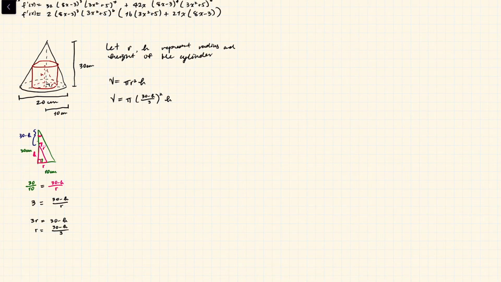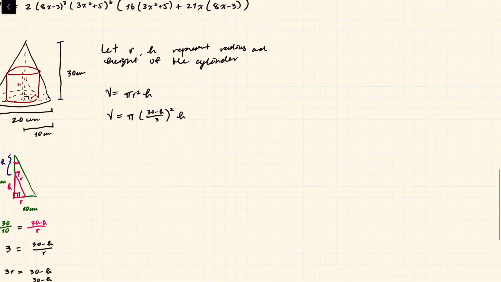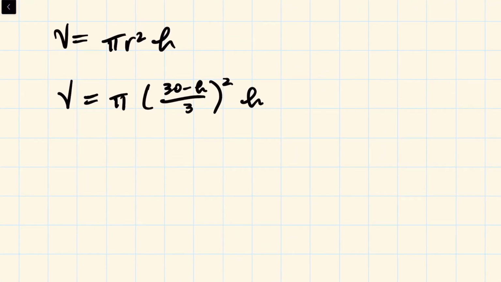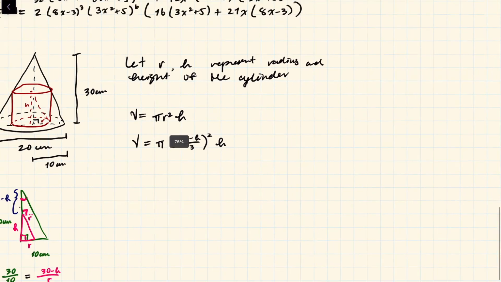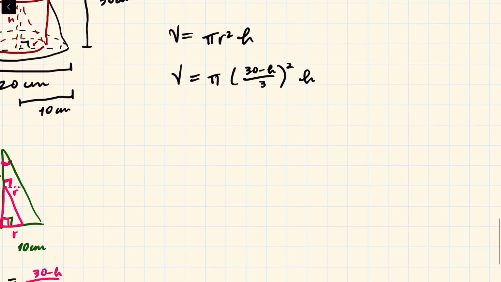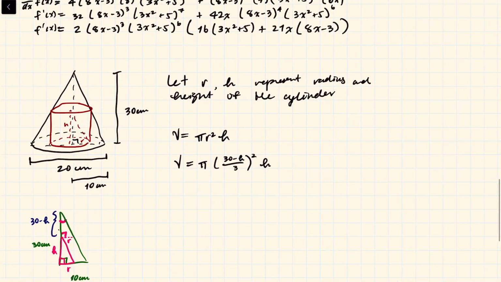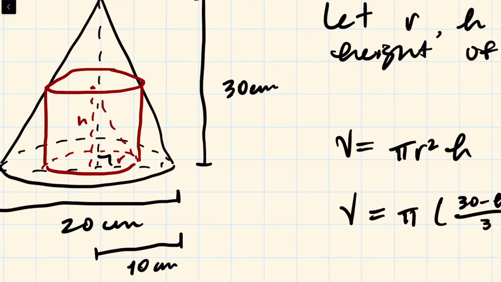So you may be asking now, what are we supposed to do with this, right? But you might find it helpful, or you would have to do it this way, to just kind of differentiate in terms of h, with respect to h, I should say, right? Because with our derivative, we can picture this height changing, the height of the cylinder going up and down, right?